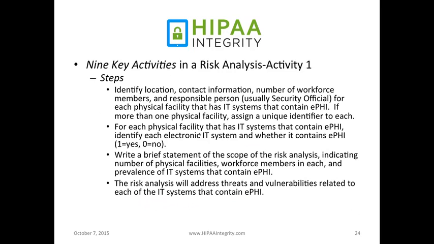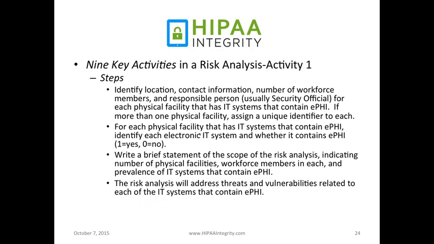If there's more than one physical facility, you need to assign a unique identifier to each so that you can distinguish between these. If there's an investigation related to a complaint or a breach, whether at the federal level or at the state level, which is increasingly becoming the case, you need to be able to show a risk analysis for a particular location.